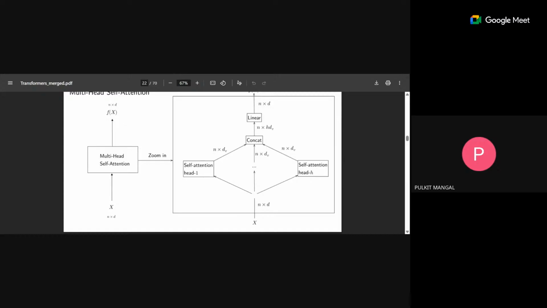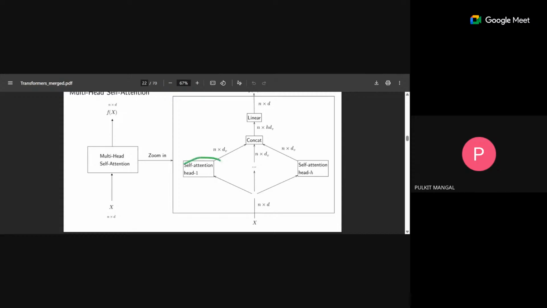So let me repeat it again. For the multi-head attention, you have your input matrix as n cross d. You will be passing it to multiple self-attention blocks. Now there can be h such blocks. Again, this is a hyperparameter. In the paper, I think they decided it to be 8 heads here. No need to remember how many heads there were in the original paper.